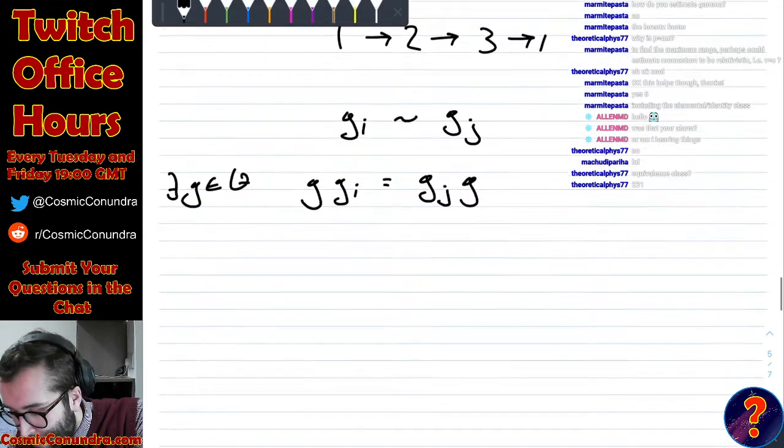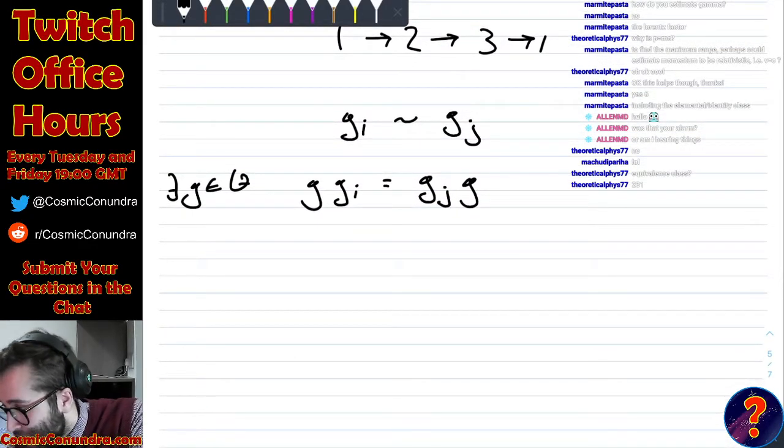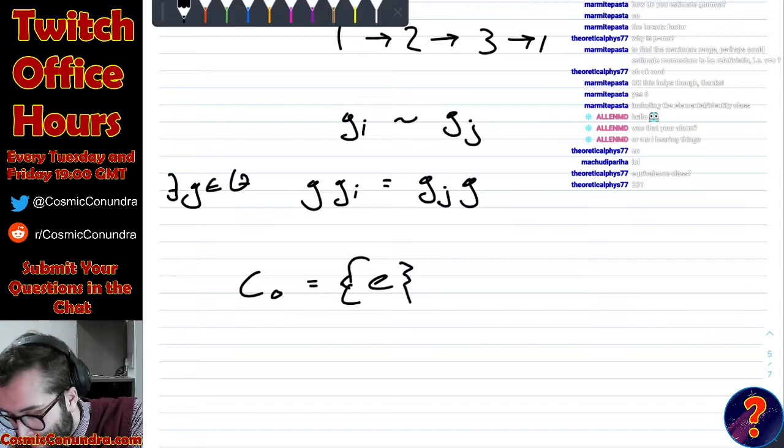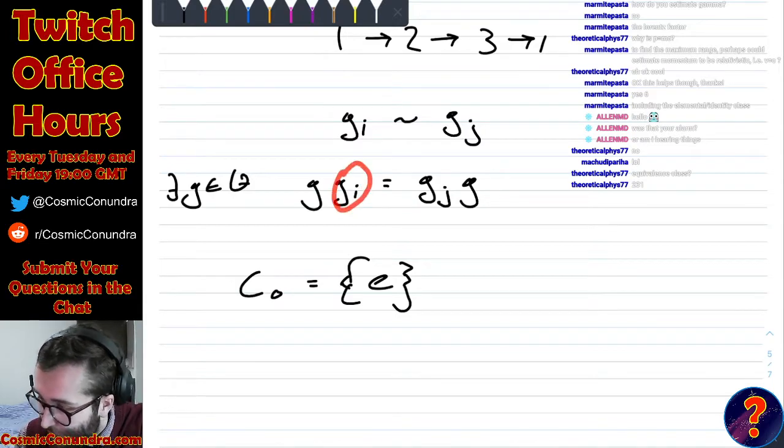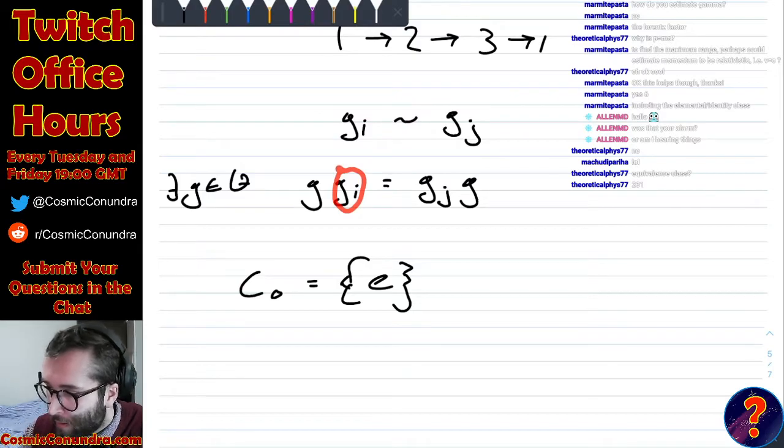And this kind of explains why E, the identity, is in its own conjugacy class. So we can call that C0. Because if you imagine you put E where Gi is, so say you're looking for the things that are in the same conjugacy class as Gi, what you would do is put the thing you're looking for, whatever's sharing its conjugacy class, into where Gi is.